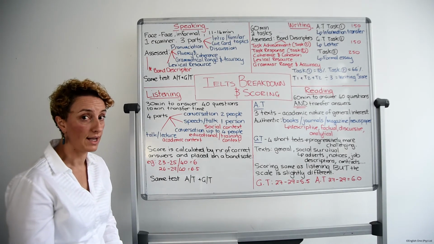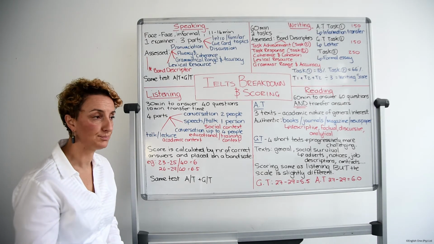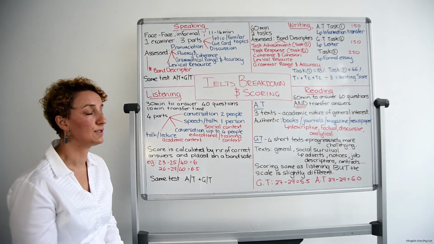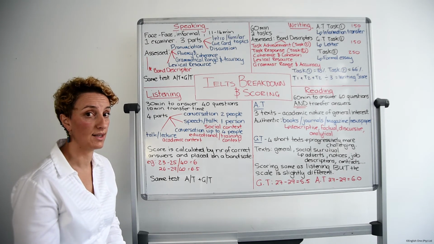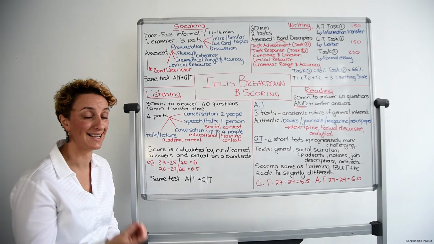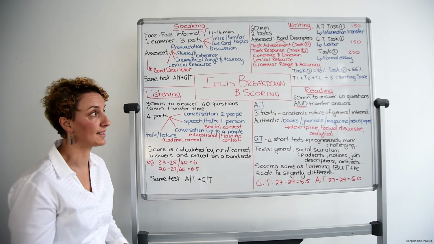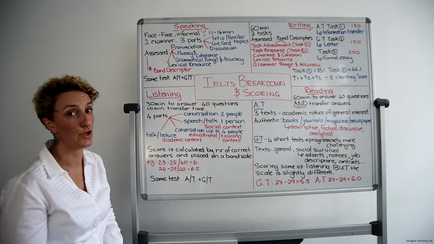The scoring is done by an examiner, and it is very important that you consider that task 2 is more important than task 1. It is weighted at 66% when task 1 is weighted at 33%.